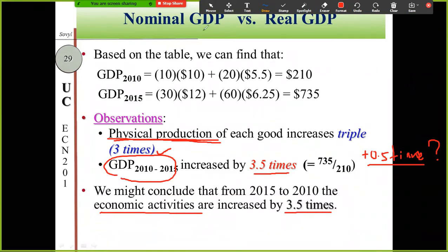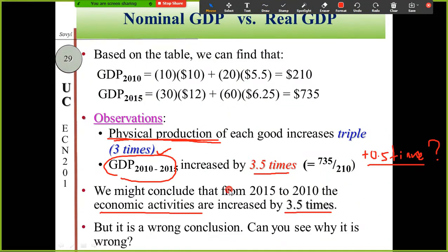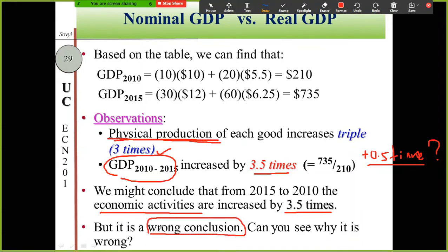This is a wrong conclusion. Why is it wrong? Because when we're talking about economic activity, or the activities of producing, the activities of producing increased only 3 times. We cannot say 3.5 times.